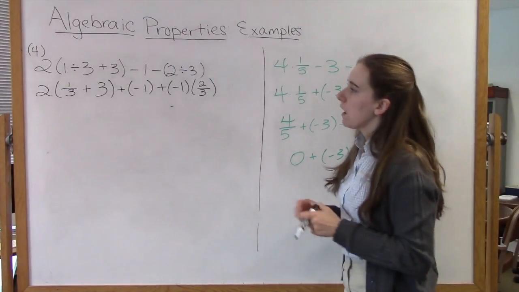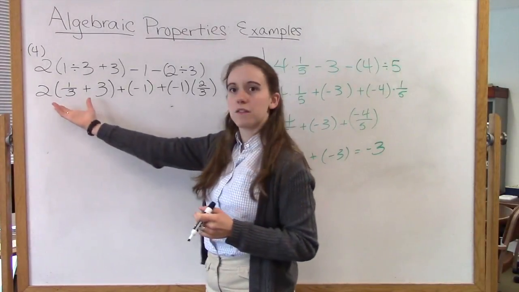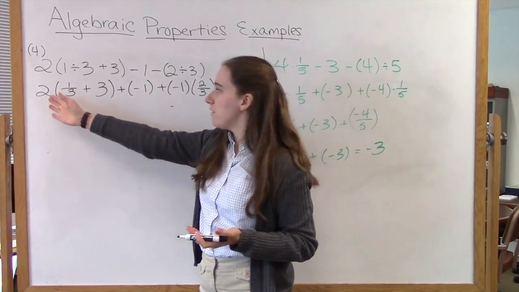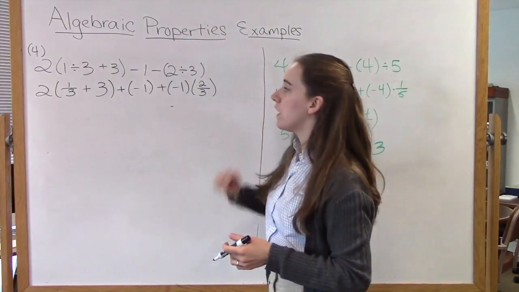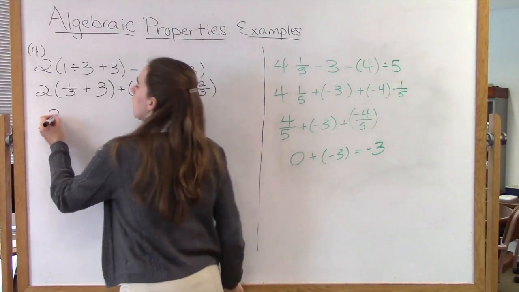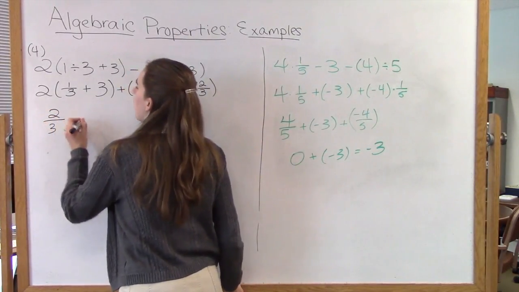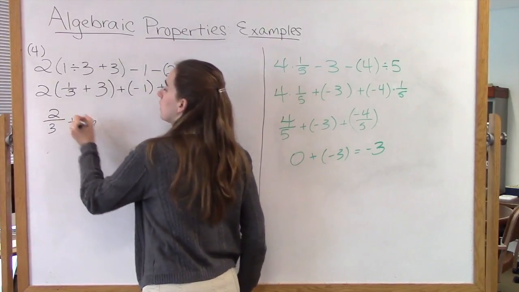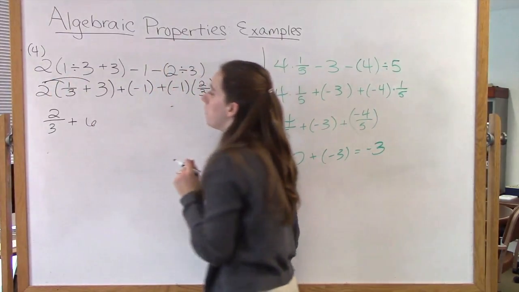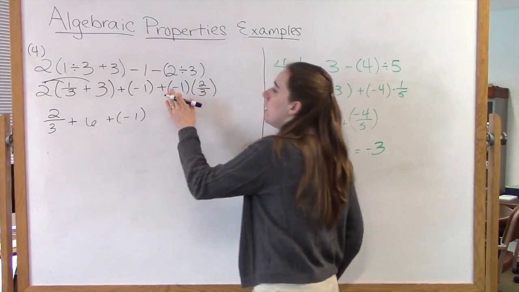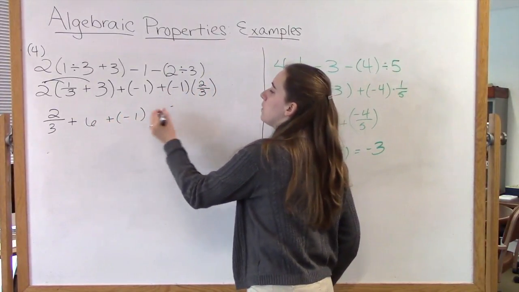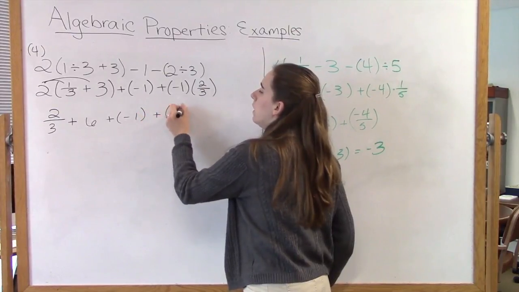So, it looks like this is a good place for distribution, right? I have 2 being multiplied into, in parentheses, 1/3 plus 3. So I'm going to get 2/3 plus 3 times 2, or 6, when I distribute there. Then I still have plus negative 1, and then plus negative 1 times 2/3, or negative 2/3.